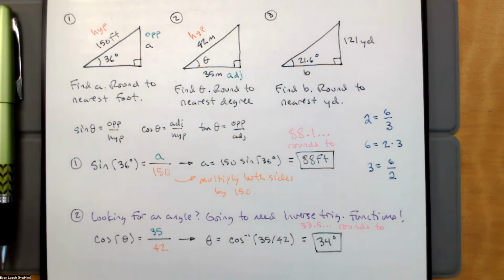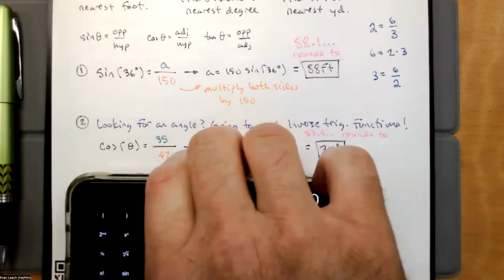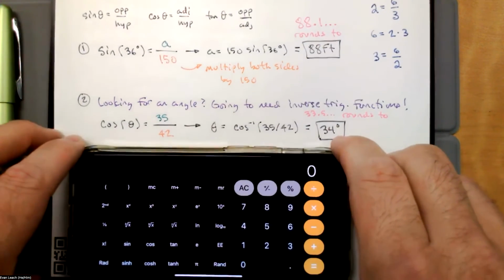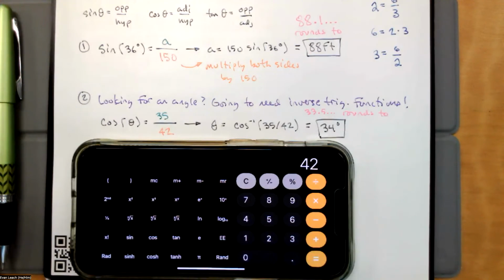Sometimes we want to be doing this on our calculators. Remember, trig functions on our phone calculators operate differently. Pressing the button does the trig function of whatever's on the screen at the time. Here I want the cosine inverse of 35 over 42. If I press 35 divided by 42, I'm not ready to press cosine inverse yet because it'll try to do the cosine inverse of 42 and give us an error.